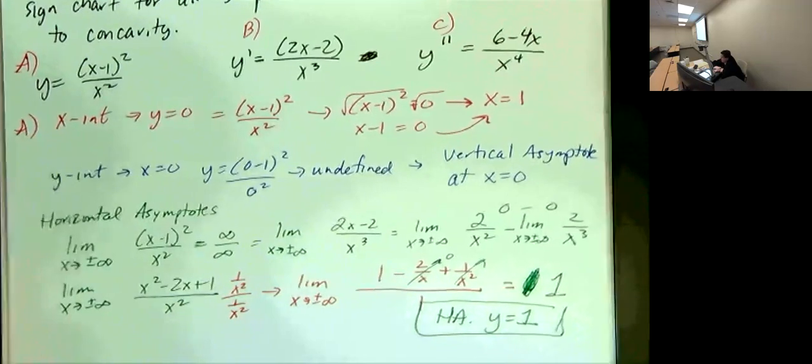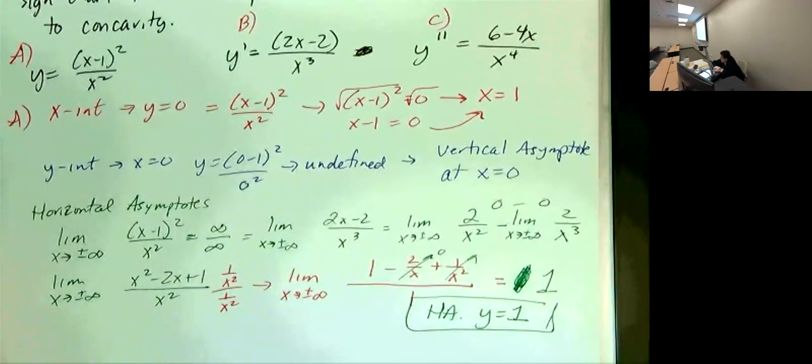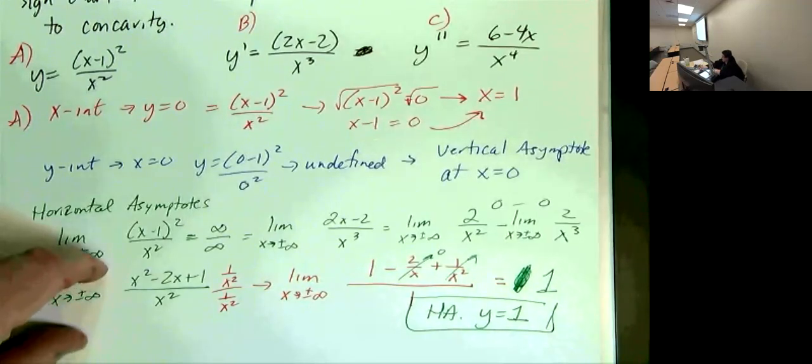Yeah, that's like the whole ratio. The exponents on the top and bottom are the same. So when the exponents are the same on top and bottom, you're going to have a horizontal asymptote.